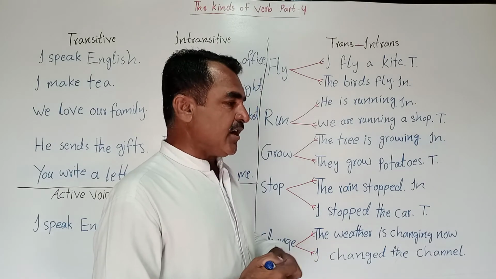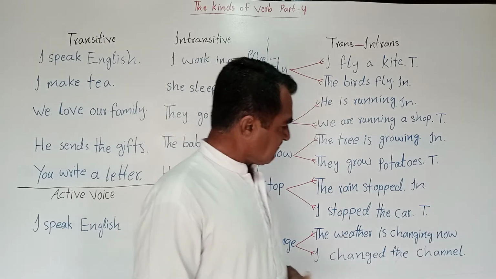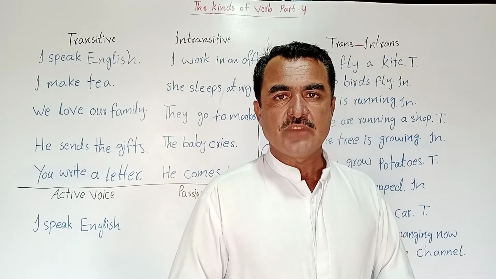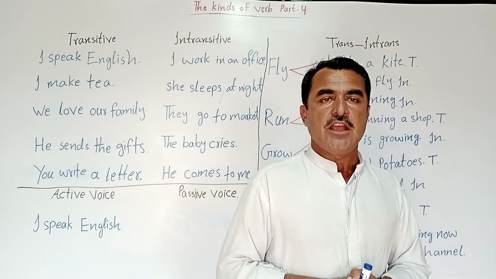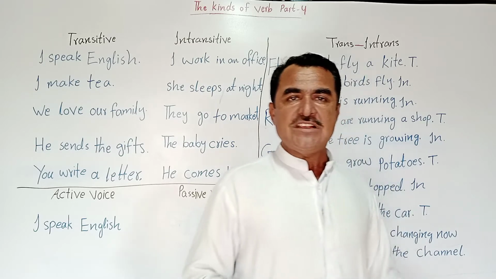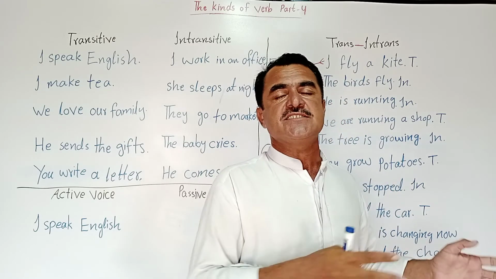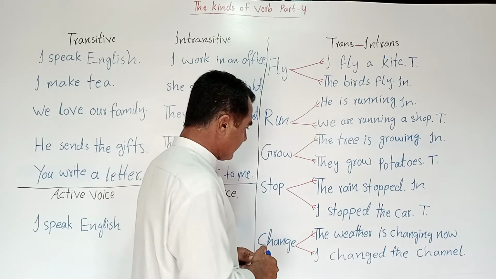Now let's take the fifth verb, change. Once again there are two example sentences for it. In one sentence it has been used as a transitive verb, and in the second sentence as an intransitive verb. Let's have a look.